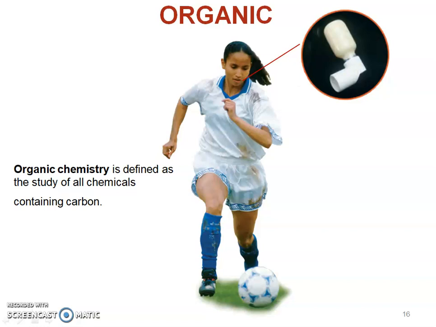Organic chemistry is defined as the study of chemicals that contain carbon. So again, if you're dealing with something like an inhaler, that inhaler has chemicals in it, drugs, and those drugs usually are organic compounds. And that's why we say that organic chemistry is going to study multiple chemicals, anything that contains the element carbon.